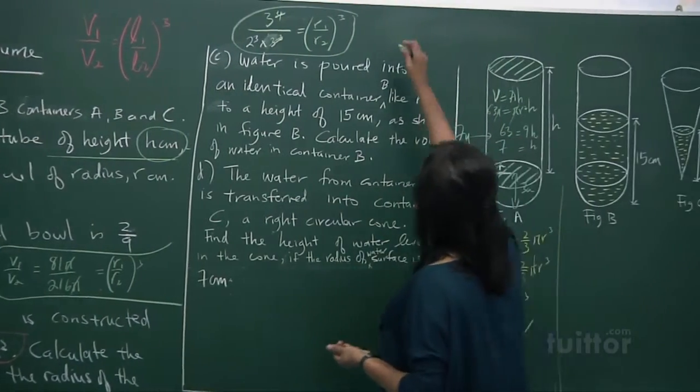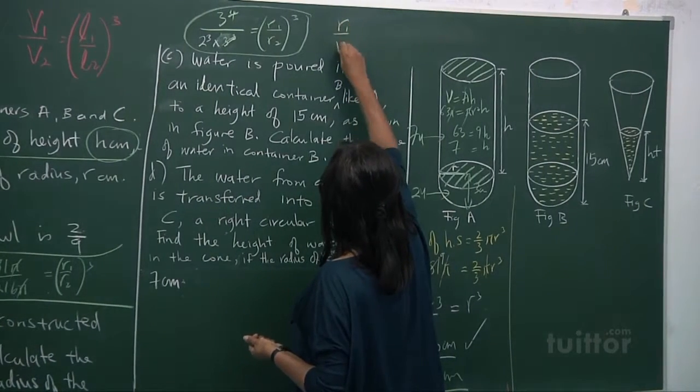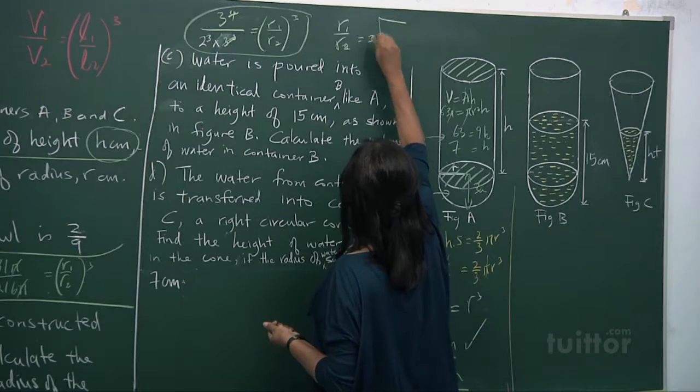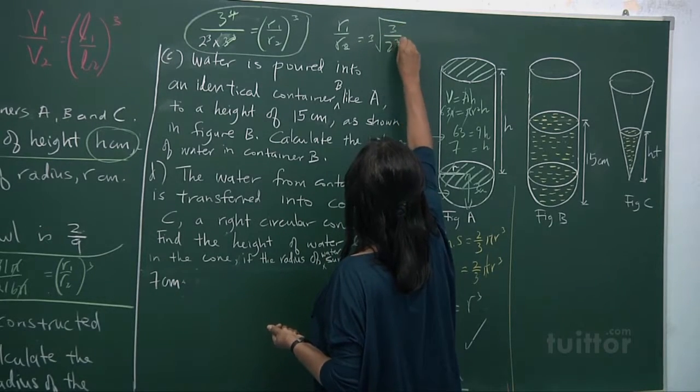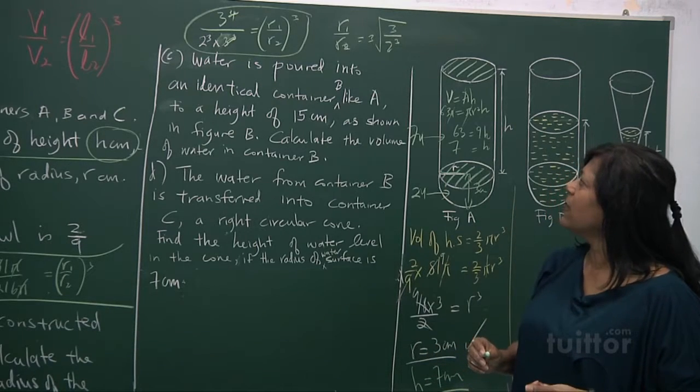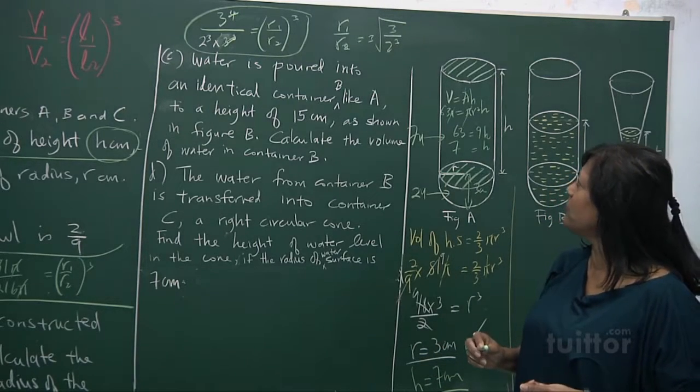So you can see that R1 over R2 will be the cube root of 3 over 2 cubed. You got that? Cube root of this will be 3 over 2 cube.